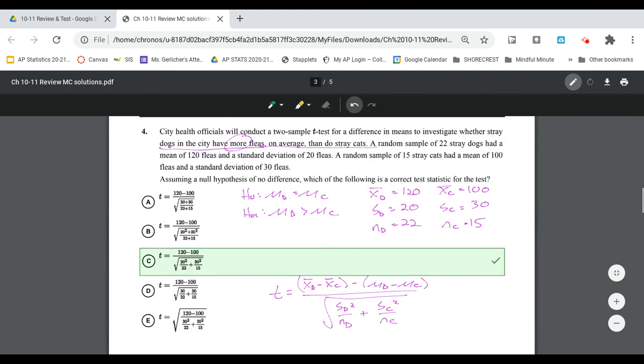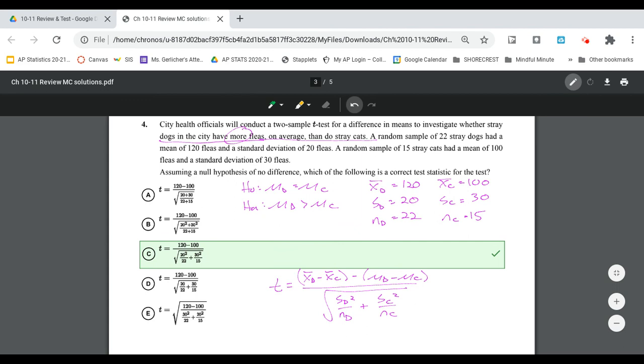Okay, number 4. Half the battle here is just reading through the paragraph with a whole bunch of numbers and pulling out what is the Ho and the Ha and what the different numbers mean. So I did that. I have written out the Ho and the Ha and what all the values are. Here's my t score equation. Now keep in mind, we assume the Ho is true until proven otherwise.